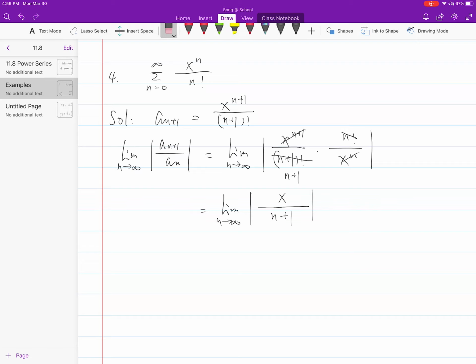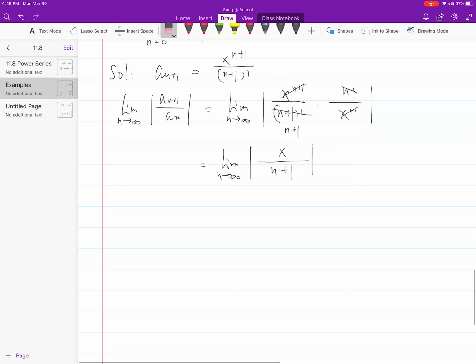After we take the limit. But now I want to ask you, what's the limit of the thing I just wrote down here? If it's kind of confusing, think about when x equals 1. You're just looking at the limit as n goes to infinity of 1 over n plus 1. What's the limit? 0, right? What if x equals 10? Then it's just 10 over n plus 1.